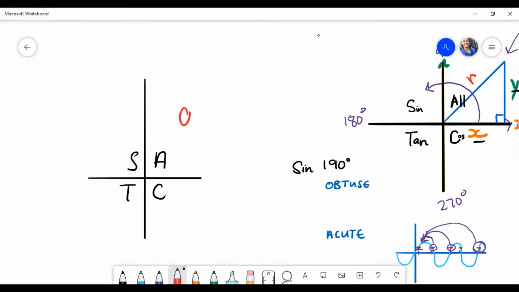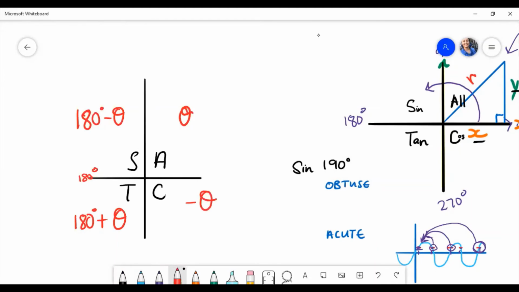This is theta. This quadrant is where theta exists. This quadrant is where it's 180 minus theta. Here's our 180. As soon as I'm in this quadrant, I'm at 180 plus theta. And in this quadrant, I work with a negative theta.